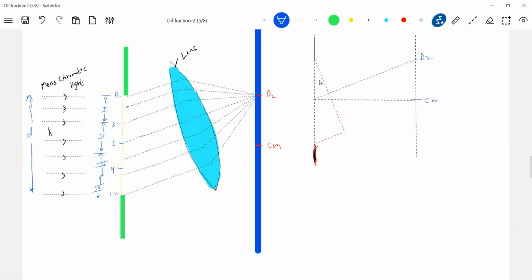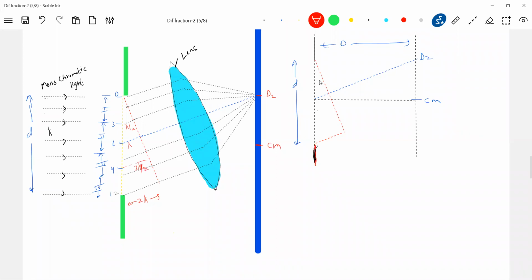This is D2, the central maxima, and the width of the slit. This is capital D. So here, let it be 2 lambda. Then this will become 3 lambda by 2. This is lambda. This will be lambda by 2. I think it is clear in the diagram.